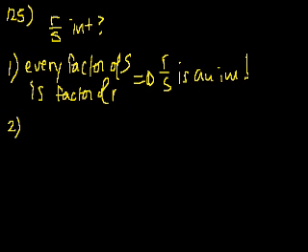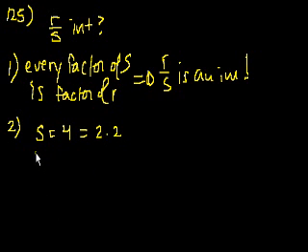Statement 2 tells us every prime factor of s is also a prime factor of r. Every prime factor. Immediately I can think of a case where that doesn't hold up. So let's say s is equal to 4, and its prime factorization is 2 times 2.